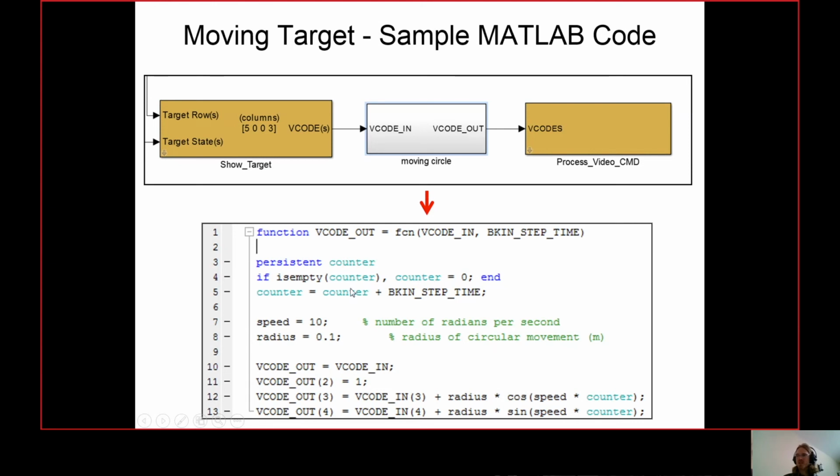So each time I call this function, whatever the last value of counter was, it's still going to be there. So that's why I can just say counter equals counter plus beacon time step. Each time this function runs, this counter variable is just going to be incremented over and over again. So really, really handy for doing this sort of work.